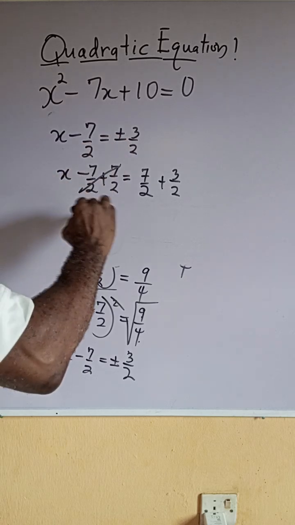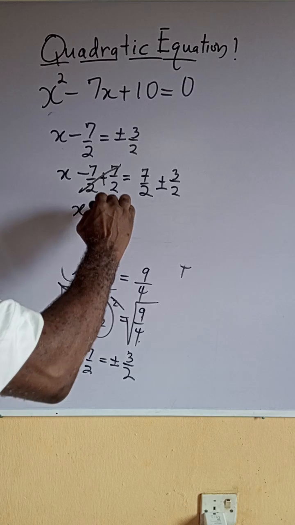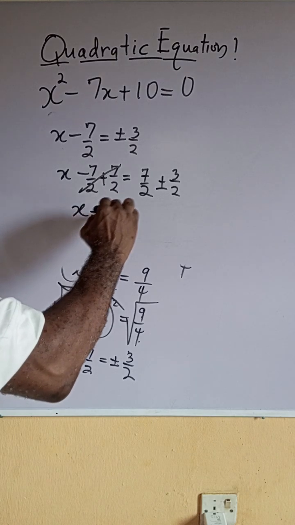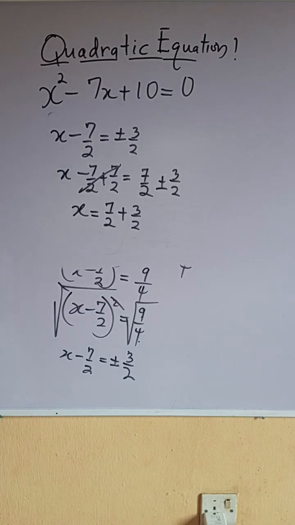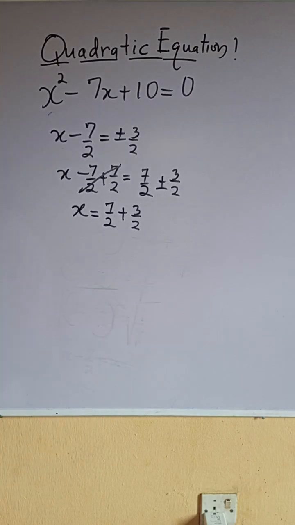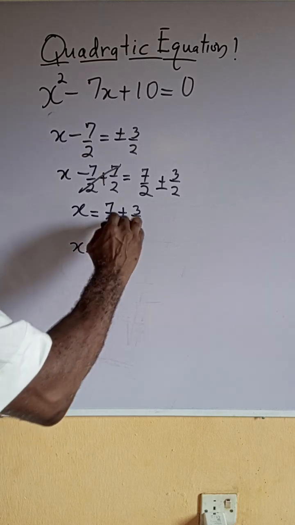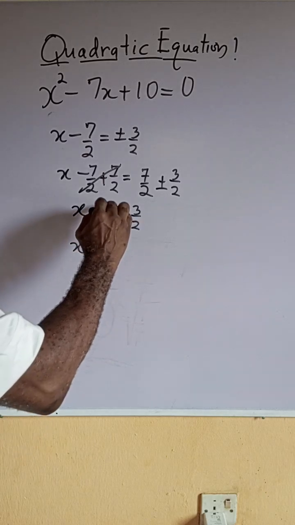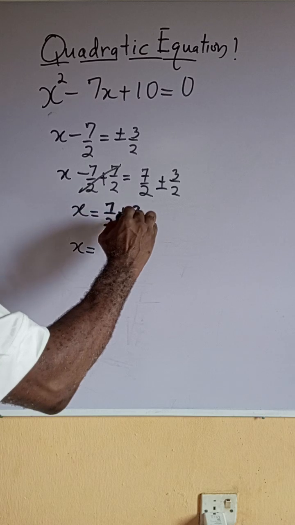We have that x is equal to 7 over 2 plus or minus 3 over 2.